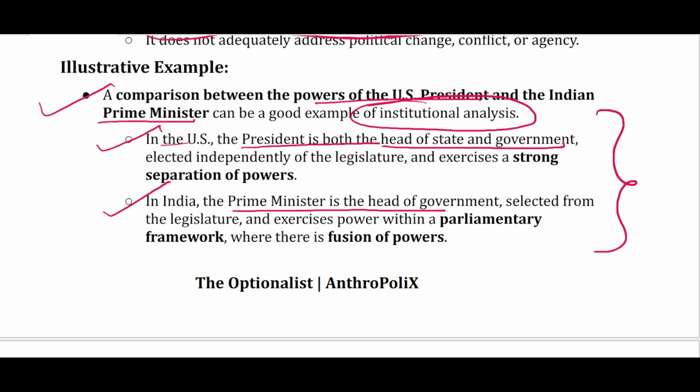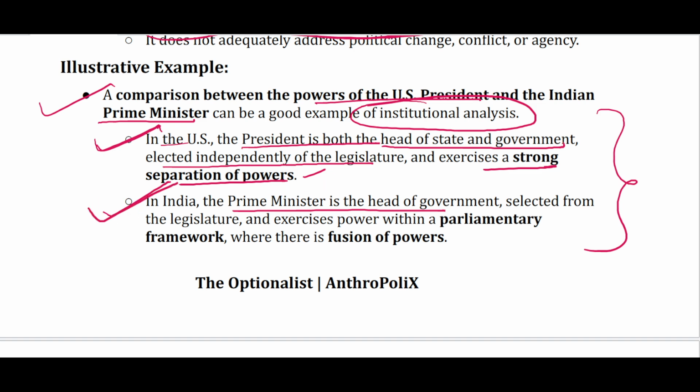So here there are two different institutions. Then mostly all the other formal institutions are also studied, for example in the US, how the US president is elected independently of the legislature and exercises a strong separation of power.